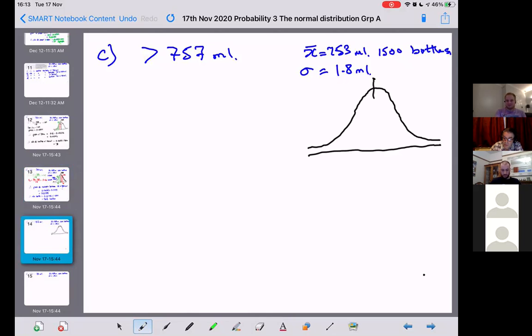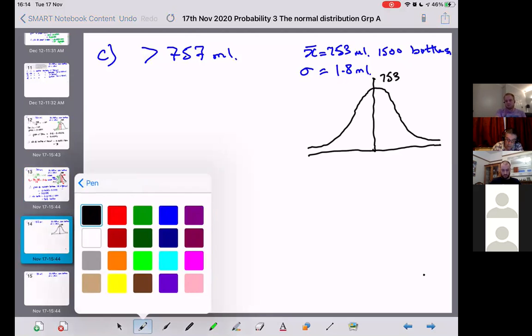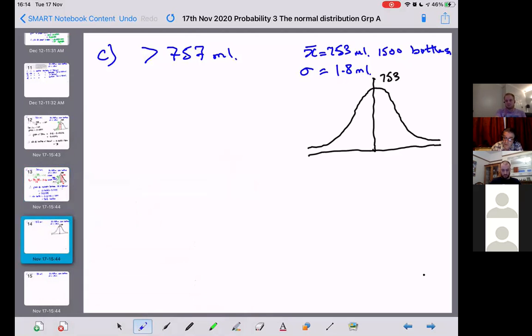So here's our curve again. There's our mean, 753. We're interested in greater than 757, which is this blue area here.